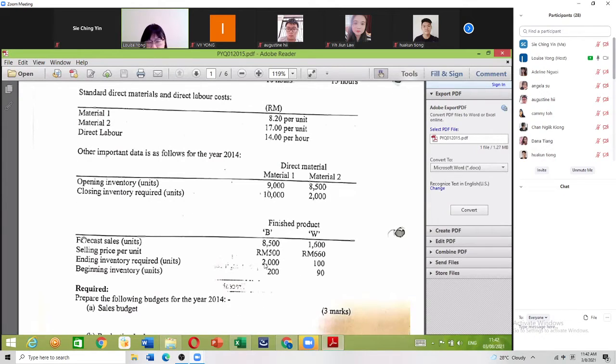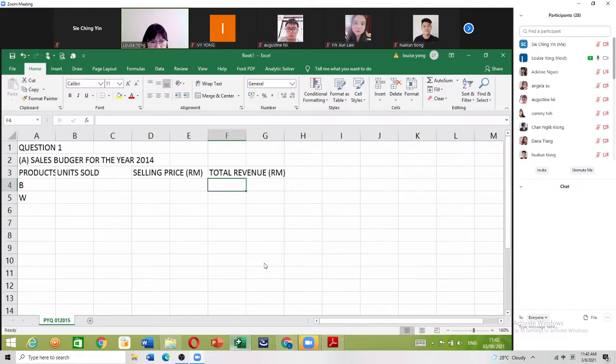Right, so forecast sales are 8,500 for B and 1,600 for W, and the selling price is 500 and 660. So you put them in. Unit sold 8,500 units and 1,600 units, selling price 500 and 660.